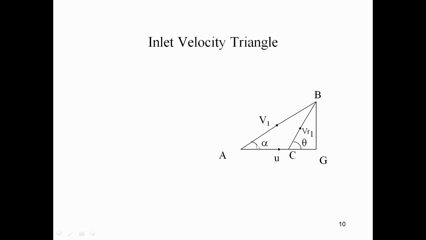They are the angles made by the jet, alpha and theta. There is a Vr1 here.